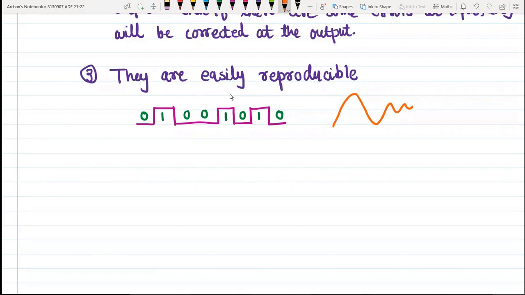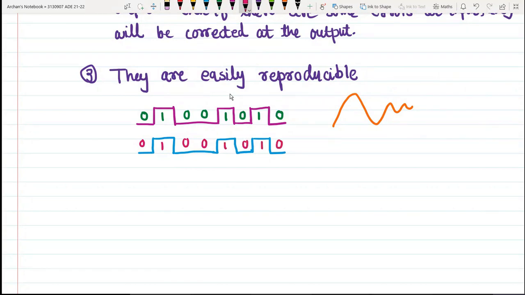Now what do you mean by reproducibility? If you are able to generate the same signal one more time, then you can say this is a reproducible signal. So in case of digital signal, definitely you will achieve the same signal which we have produced earlier, right? Like this. This is the pattern of the signal. So I will have 0 value, 1 value, then again 0 0 1 0 1 and 0.